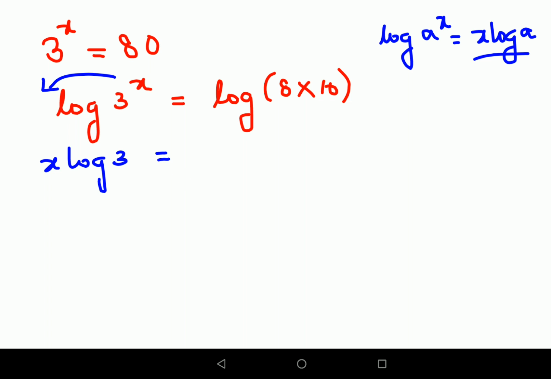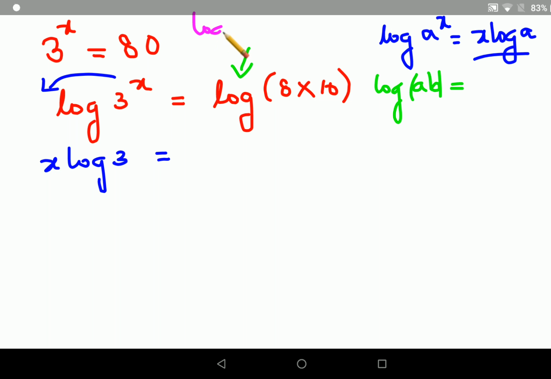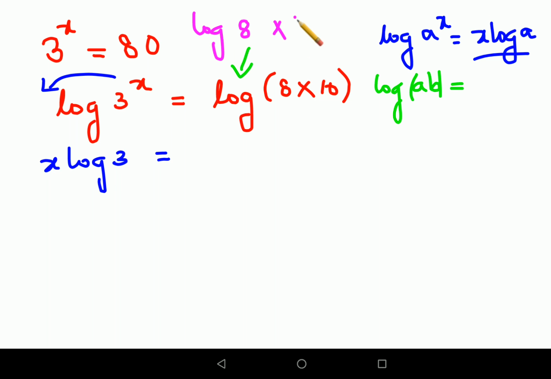And one more thing you need to remember is log of a product AB, let's say. If you had to find log of AB. Purposely here, this is one more step which a lot of people make a mistake in. A lot of people write log 8 into 10, which is understood as finding log of 8 and then 10 gets multiplied to whatever answer comes.